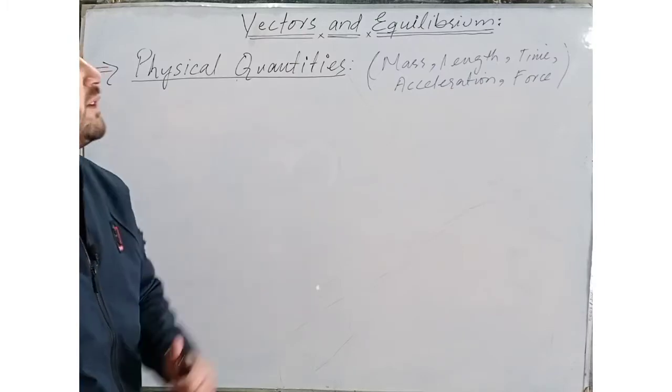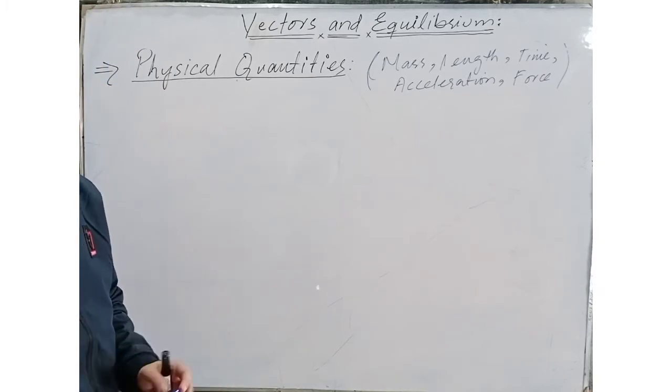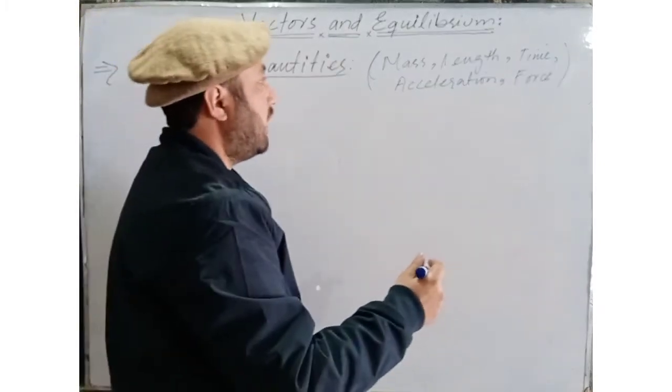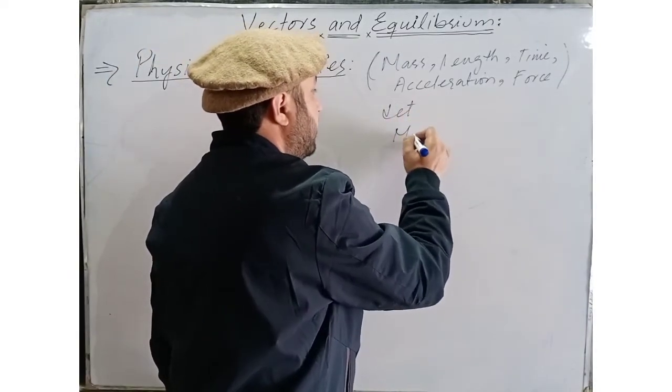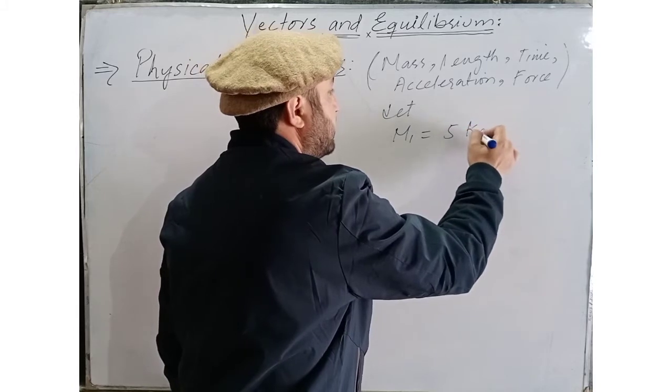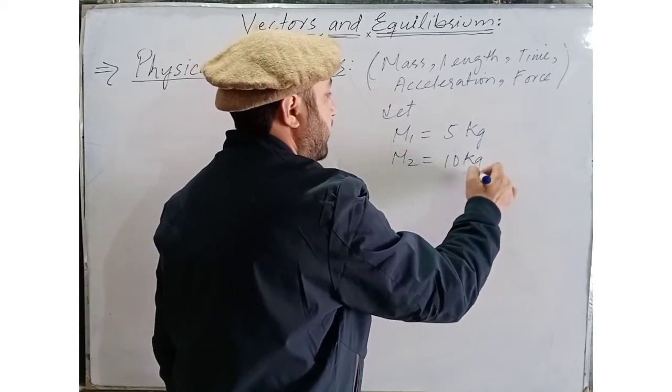Now, some of these physical quantities can be operated easily using ordinary algebra. Like if you want to add two masses, let's say that we are having a 5 kg mass and we are having another object of mass 10 kilogram, right?